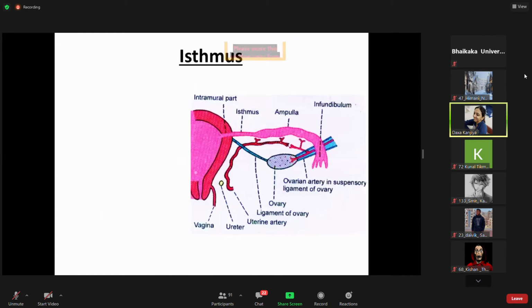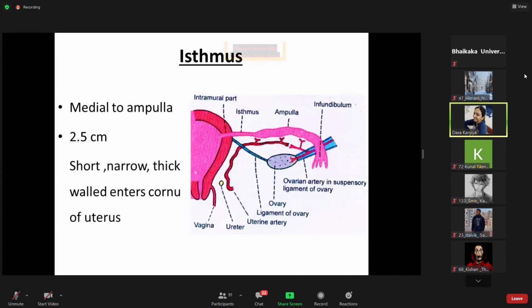Next to it, or medial to the ampulla, there is the isthmus. It is 2.5 centimeters long. It is short, narrow, thick walled, and it enters onto the lateral cornua of the uterus. It is a cord-like structure, that is the isthmus.